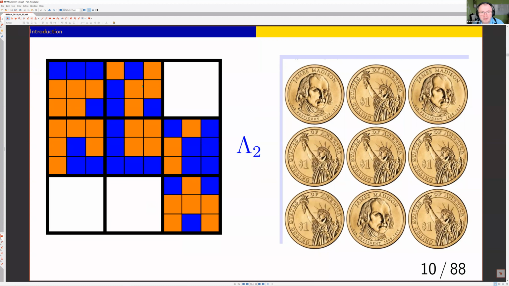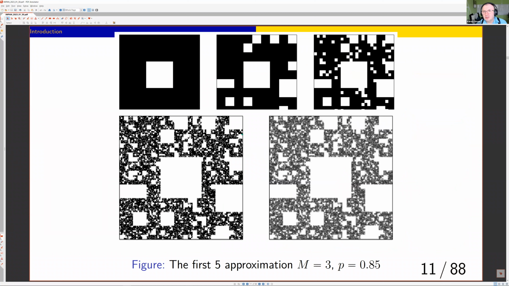So now the union of these blue squares is Lambda 2, which is the second approximation of the Mandelbrot percolation Cantor set, and the union of the big orange squares was the first approximation of this set. Then this picture shows a different realization.